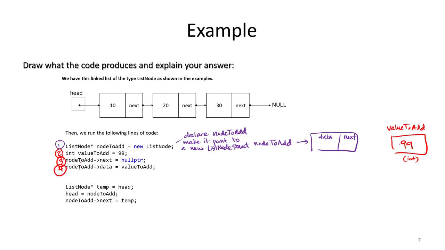In our next two lines, node to add arrow next equals null, we're going to make our next pointer, where node to add points, point at null. And we're going to set node to add arrow data to hold the value 99, matching that int variable value to add.